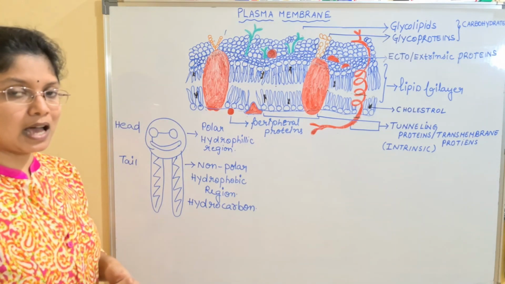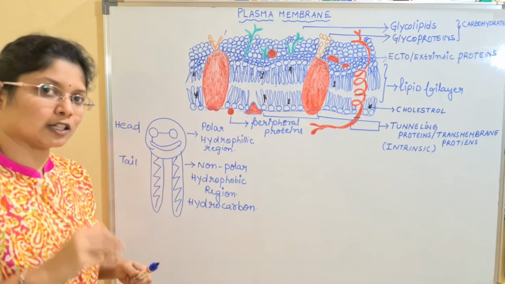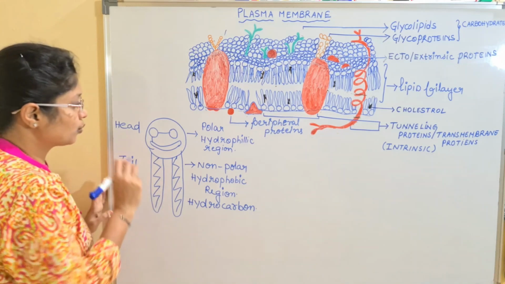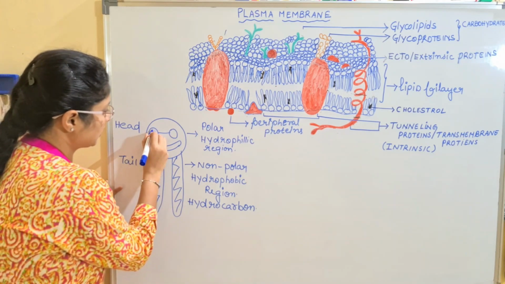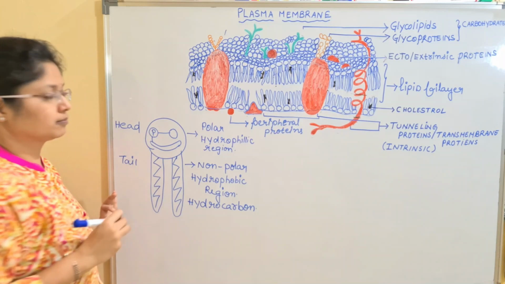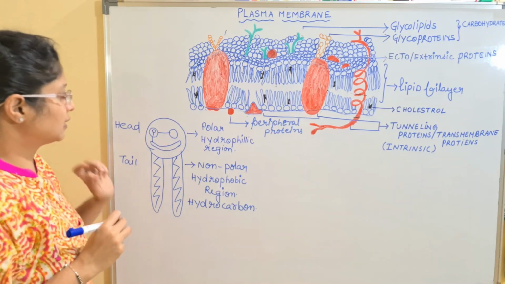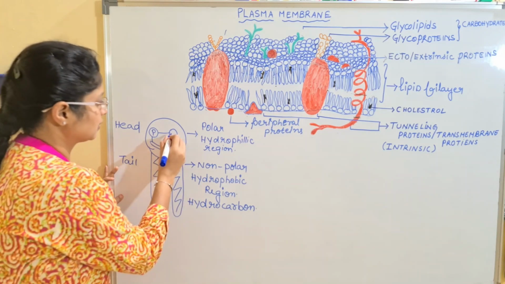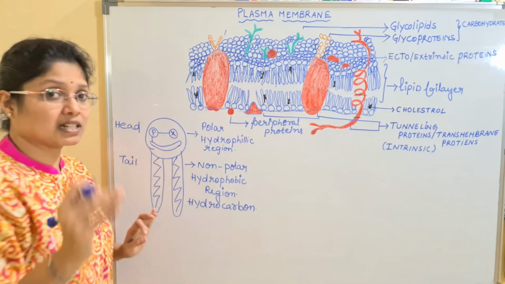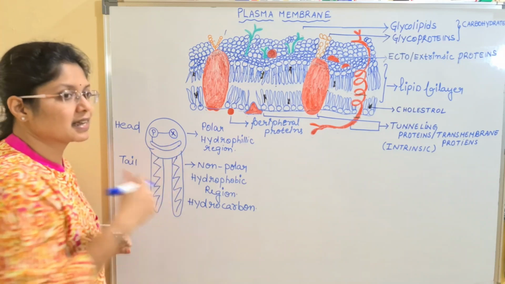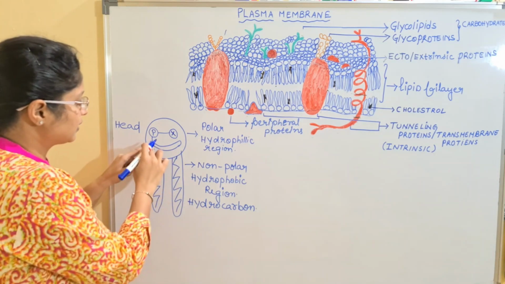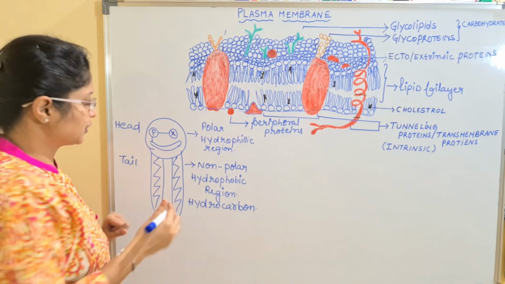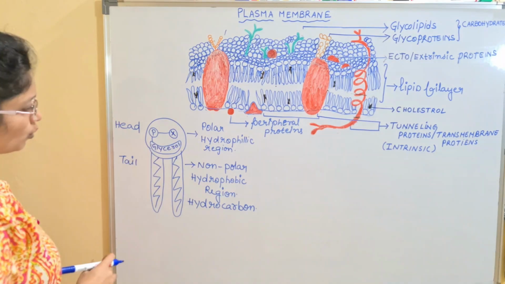In the head region, as the majority of the lipids are phospholipids, I am writing it as phosphate. So where is the phosphate? Yes, we have the phosphate here. And here, remember, any type of substance can be present. That we will see later. X represents any type of substance. And generally the phosphate is attached to the main alcoholic region, that is glycerol.